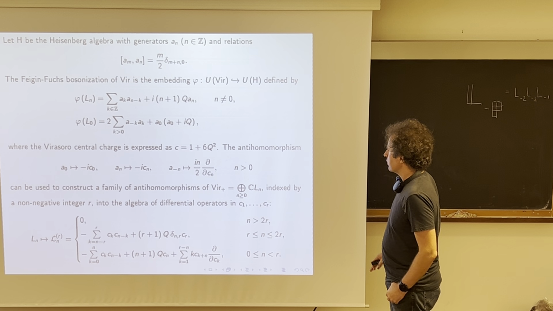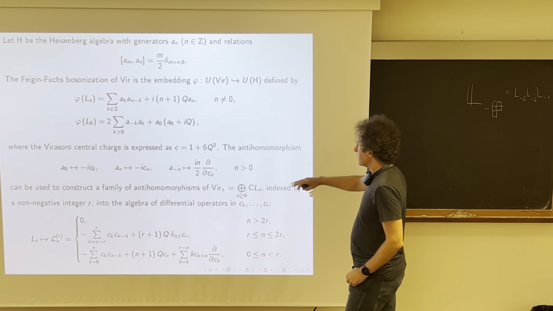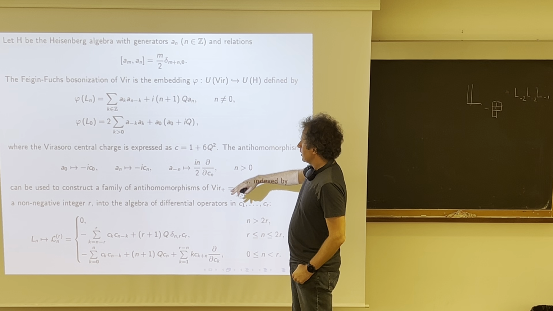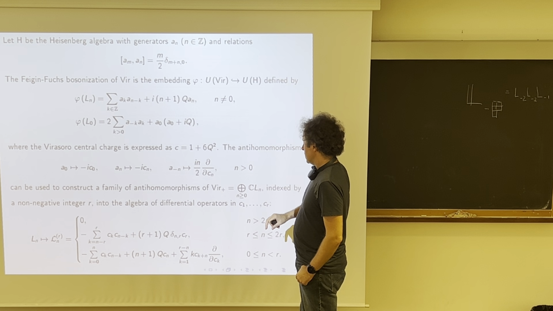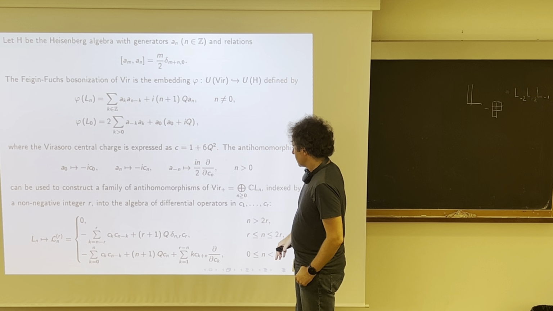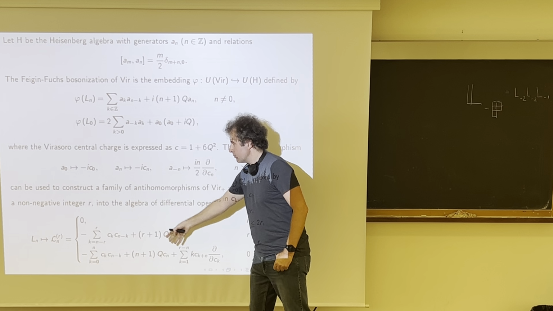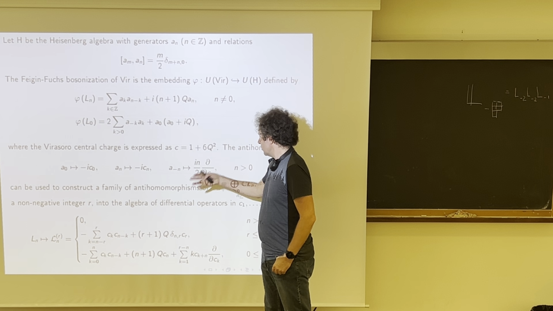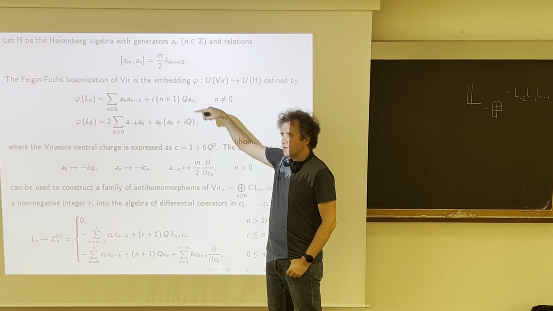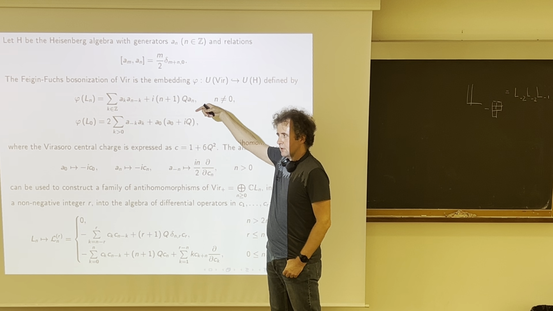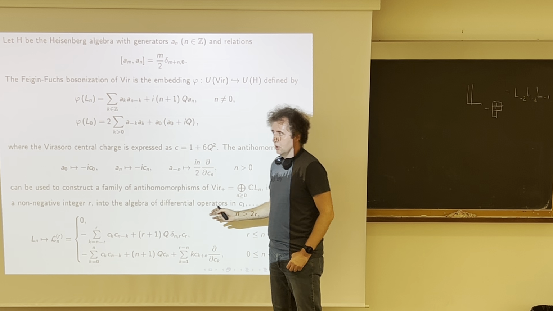I say the following. Let us now restrict our attention to the positive part of the Virasoro algebra, first of all. In that case, you are going to have some formula for these Ln's, and in those formulas you basically set all of Cn's with n greater than r equal to 0, and this is what it gives.